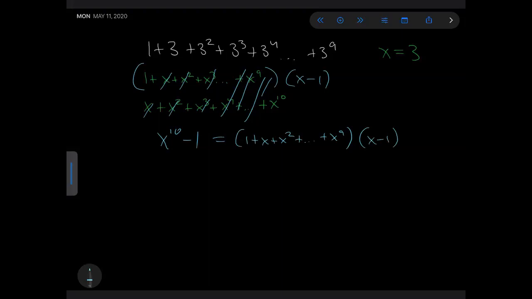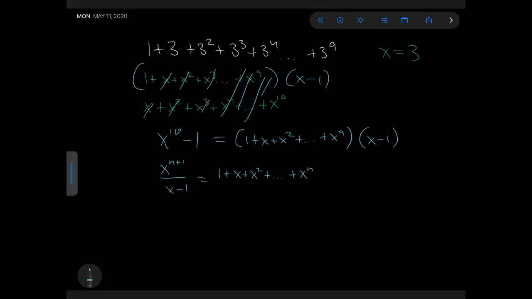We can generalize this. We say that x to the n plus 1 minus 1, over x minus 1, is equal to 1 plus x plus x squared plus ... plus x to the n.